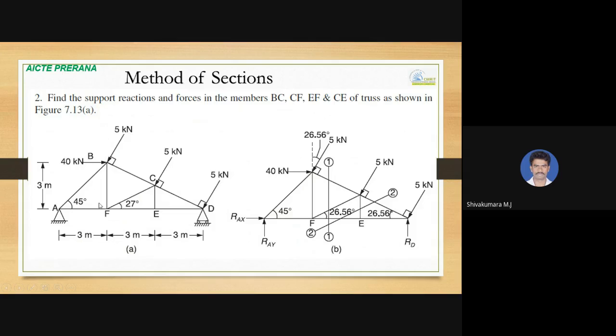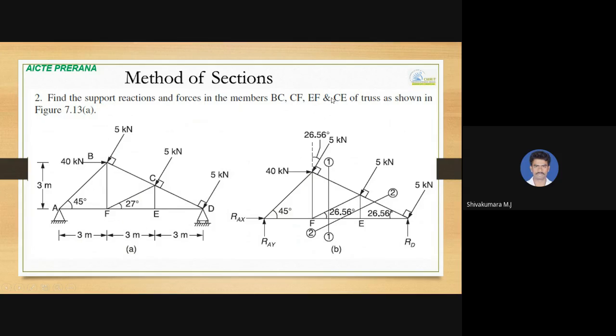So in this, again, you should start with finding out the support reactions, that is a support reaction at A and a support reaction at D. We can determine that. After determining that, in the question it is specified we have to determine the member forces BC, CF, EF, and CE.